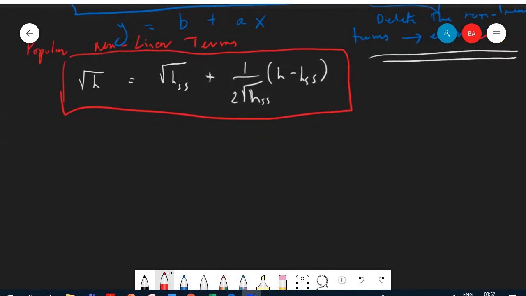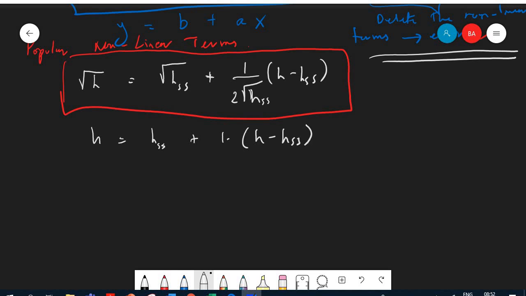Well, someone would ask me, if it is linear and I'm going to do a linearization for a linear term, what will happen? Just for the sake of what you have asked, if you're going to do this, it's going to be something like that. So h, for example, we want to linearize this. It is equal to initially h at steady state plus the derivative of h, which is 1, into what's inside, which is itself h minus the initial condition of that, which is the steady state.